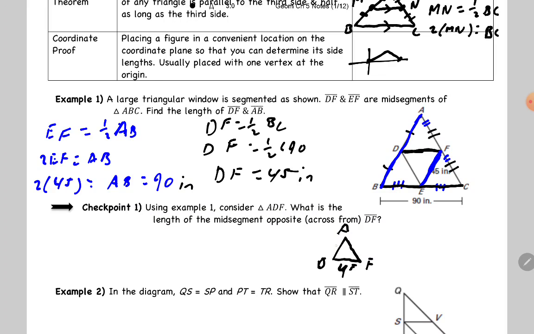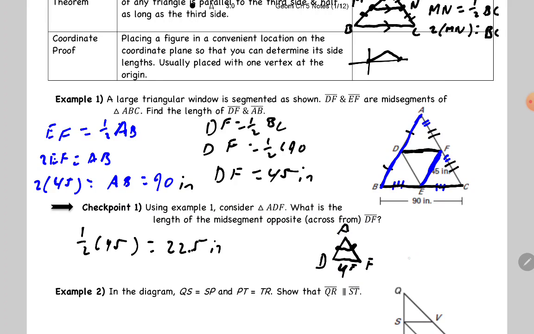So they're saying create a midsegment here. What's the length of that? Okay, so remember that the midsegment is half of 45. So 1/2 of 45 is equal to 22.5.